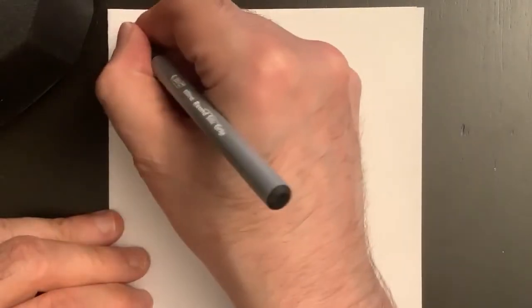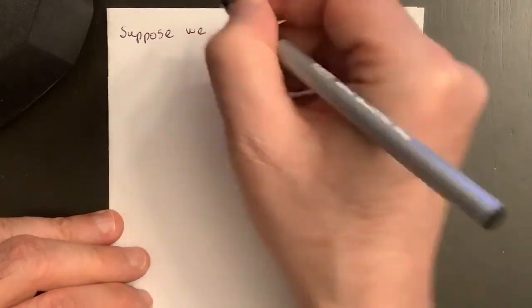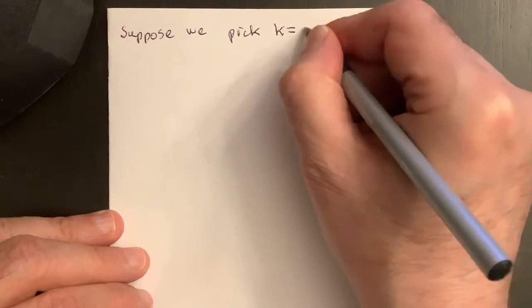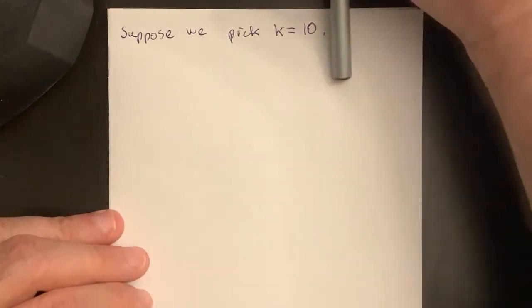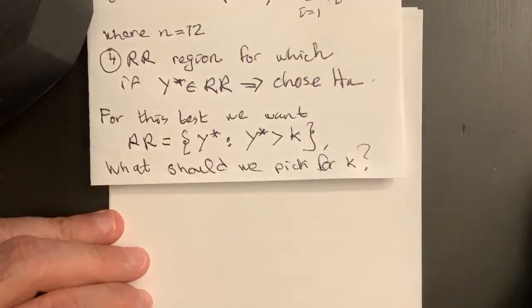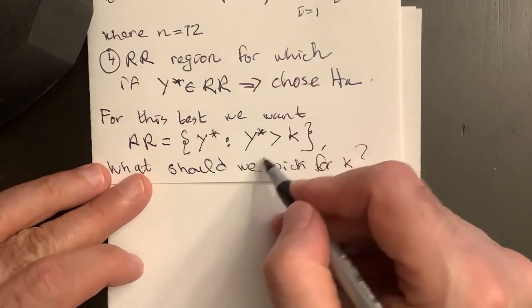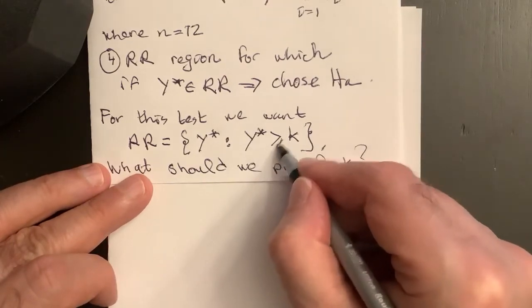So we'll see. Let's just start by putting in some numbers. Suppose we pick K equal to 10. And actually, the way I wrote it here with y star greater than K, maybe I could make it like 9.5 to make it clear that I want to include 10, or I could just write it like this.